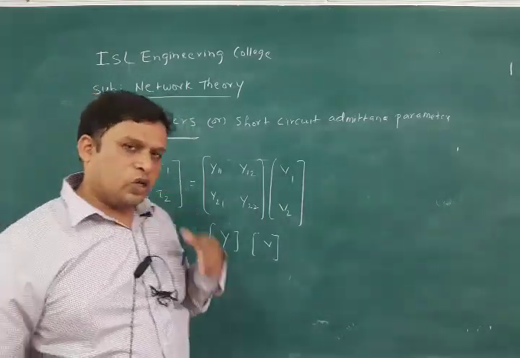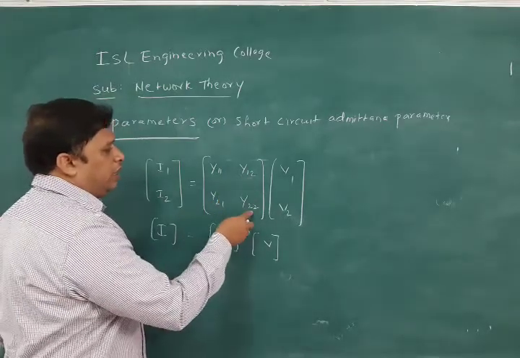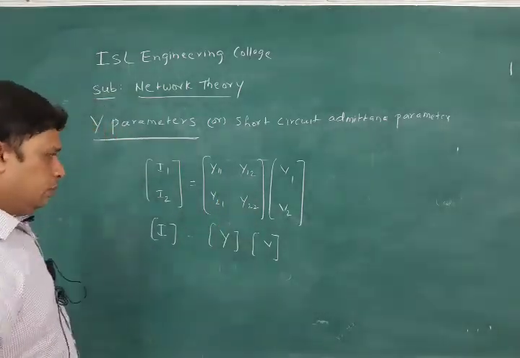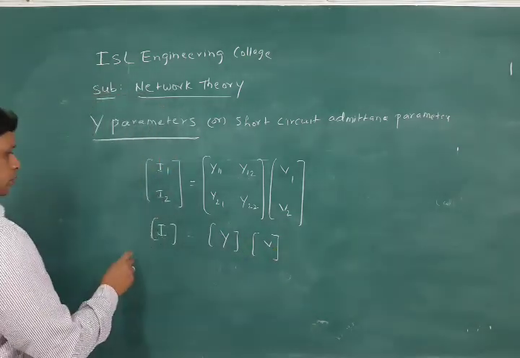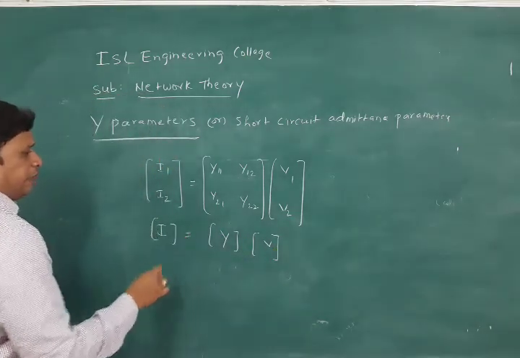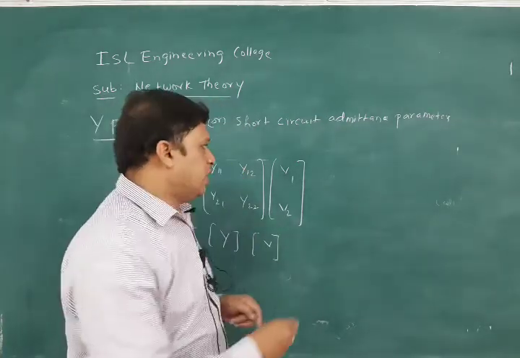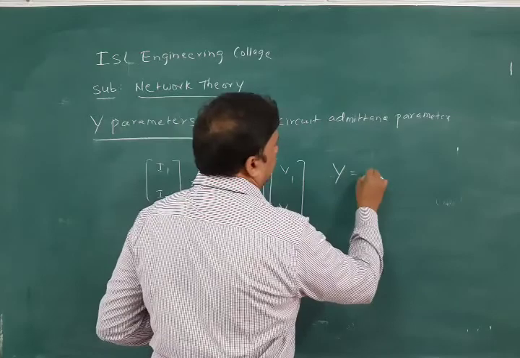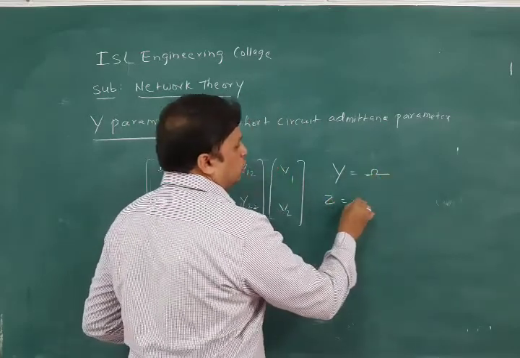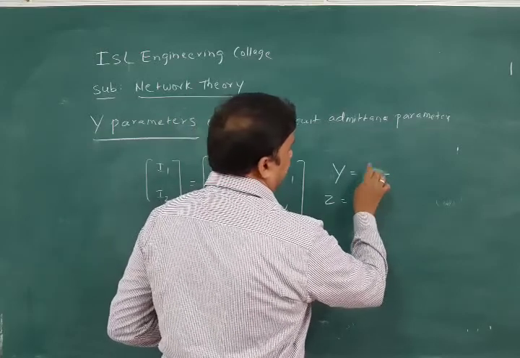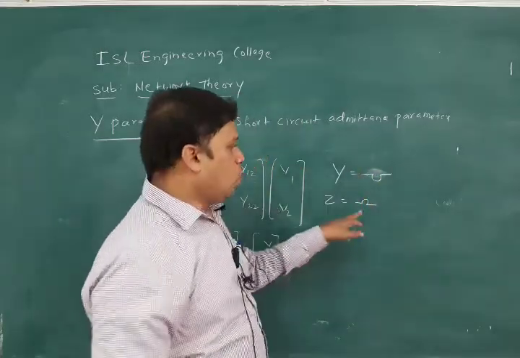Here the parameters to be found are Y11, Y12, Y21 and Y22. The admittance parameters have the unit mho. The impedance unit is ohm, and the admittance unit is mho, the reverse of ohm.